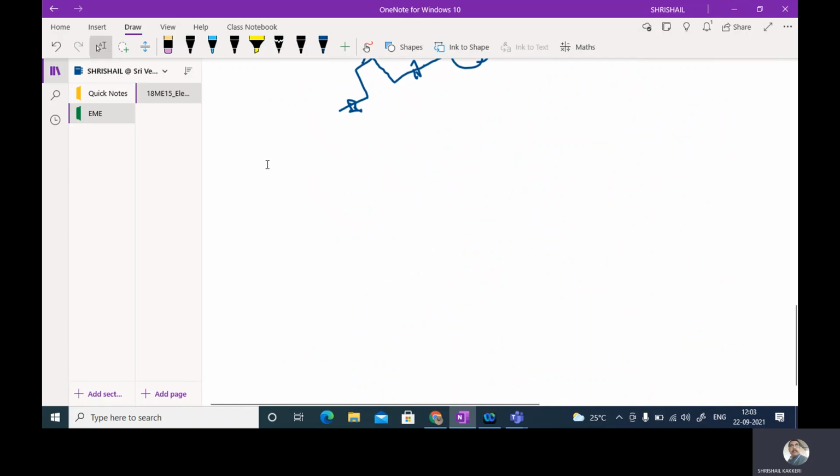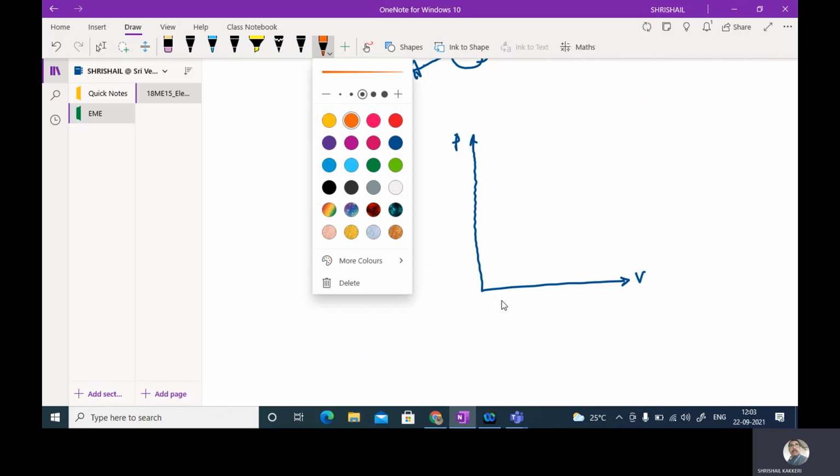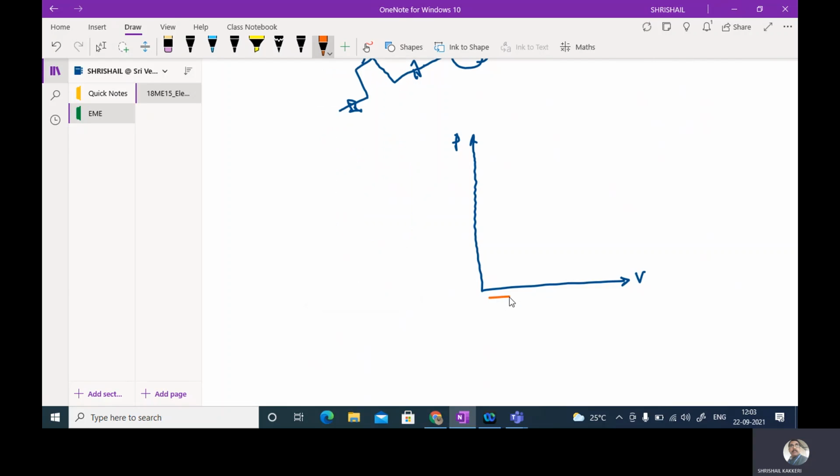Now, how this 4-stroke petrol engine can be shown by the PV diagram, I will be showing you. It is a pressure and volume diagram. And this is the pressure. Say this is my engine cylinder.